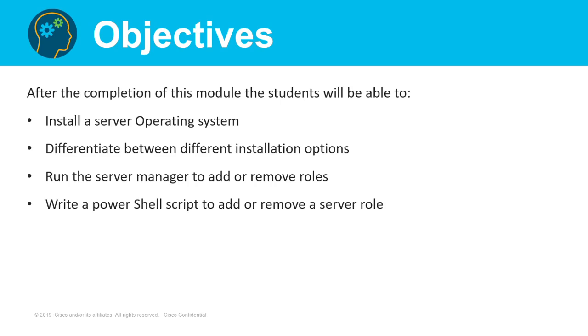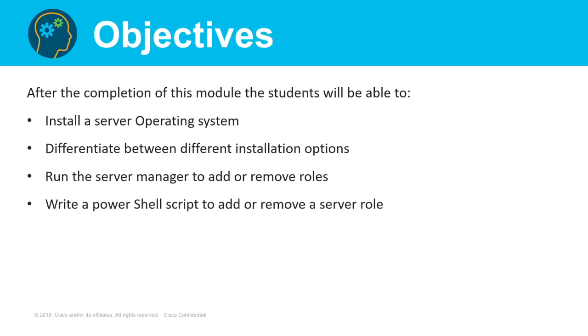After we complete this module, you will be able to install a server operating system. Remember, we have only one installer here, Microsoft Server 2016. I hope you have it. We can differentiate between the different installation options: there is Desktop Experience, and there is an installation that is CLI, command line interface.